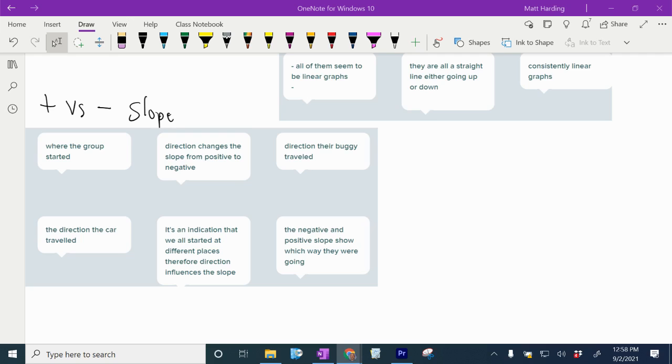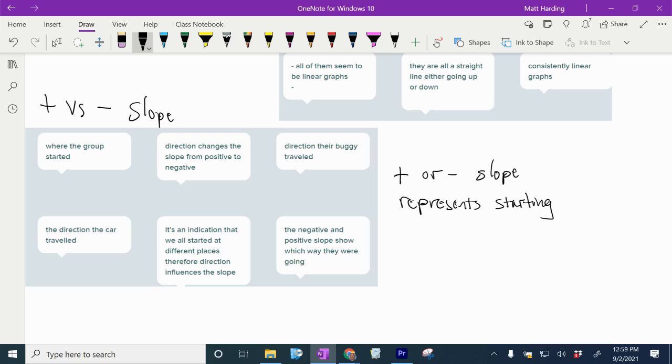Go for it. All right. So bold claim is that positive or negative slope represents starting position.